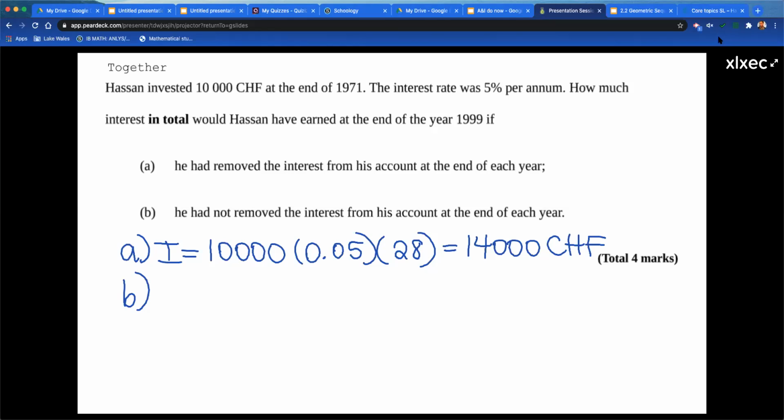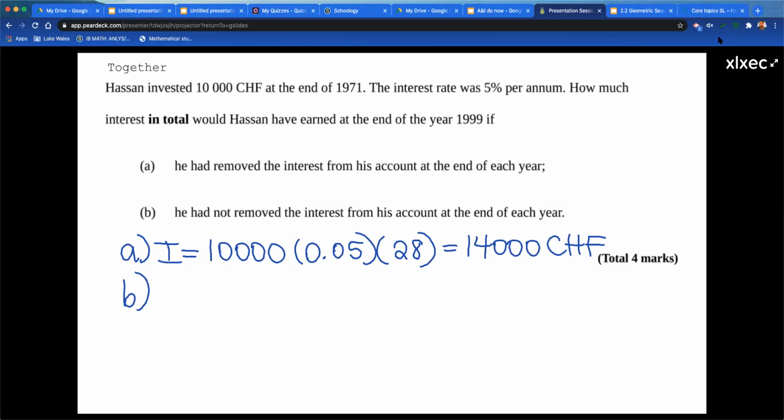Simple interest formula basically tells us how much interest he has after 28 years if he continues to remove his interest at the end of each year.